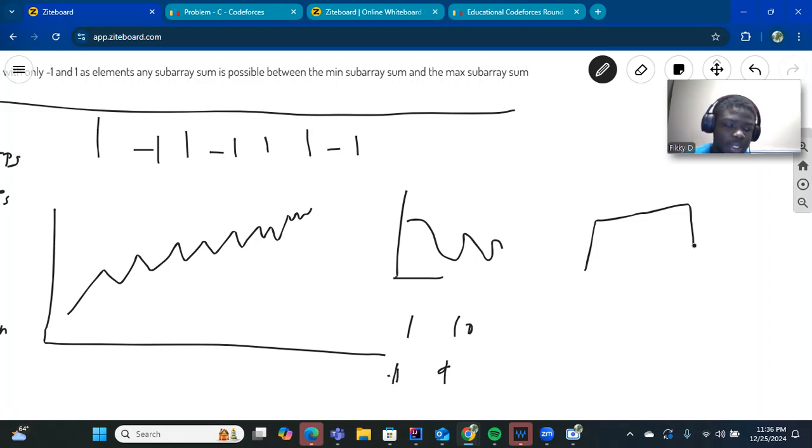That's really intuitive to me, but I'm not sure if that would be intuitive to someone who just saw this for the first time. You can definitely agree with me that the prefix sum graph is continuous, but is the subarray sum graph continuous?